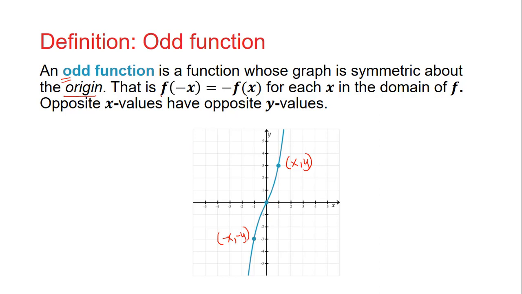So this is saying that f of negative x is equal to the opposite of f of x, right? Because y is equal to f of x, but negative y is equal to f of negative x. So when the x values are opposite, the output values are also opposite. So we say that opposite x values have opposite y values.